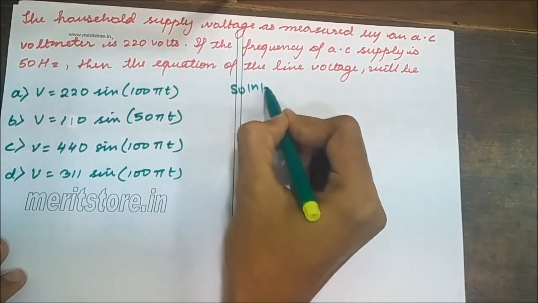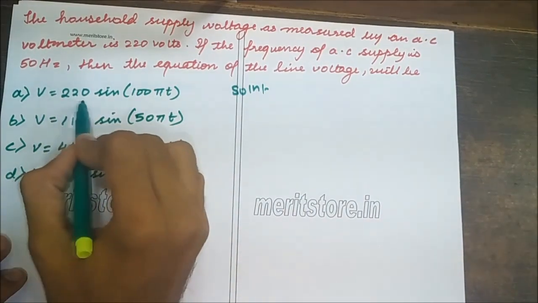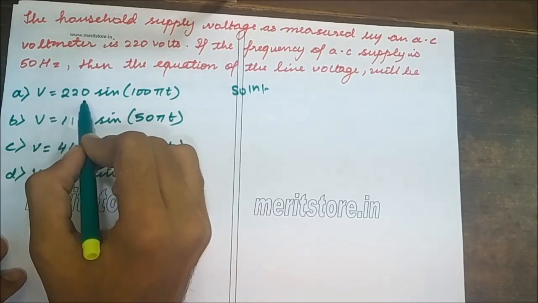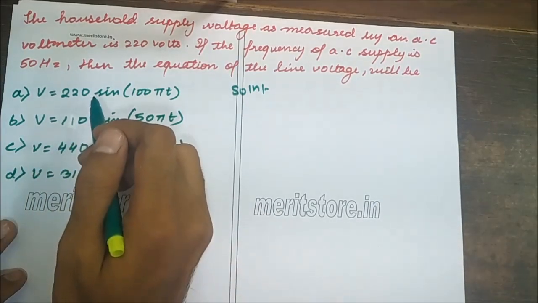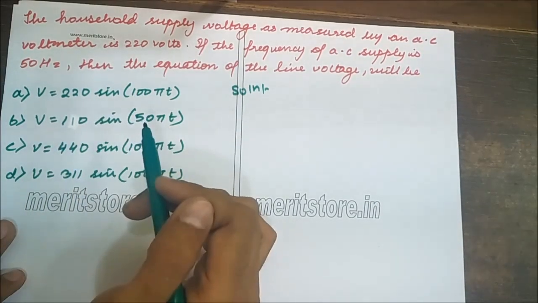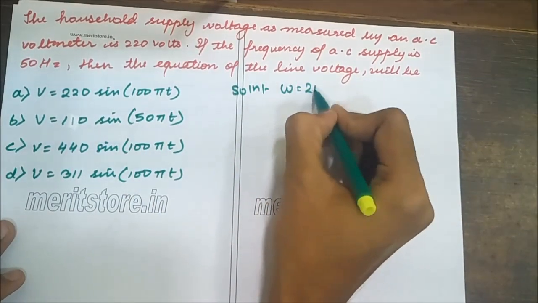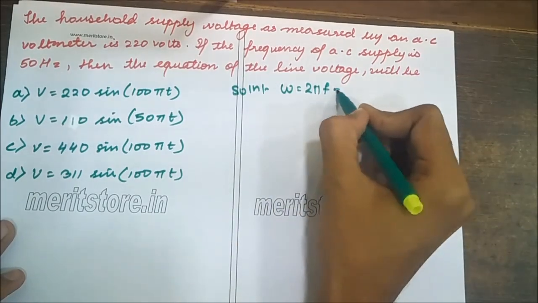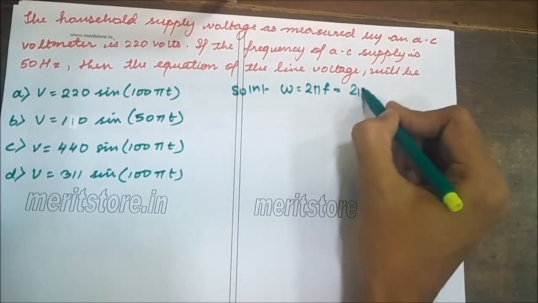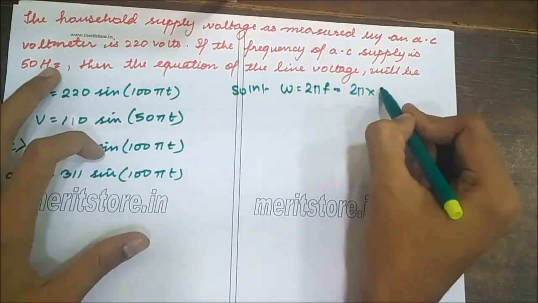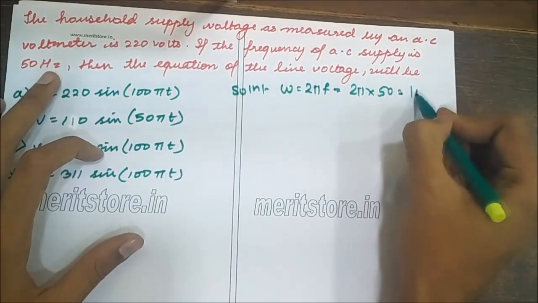For that, first we need to find V naught, and for that we need the angular frequency, that is the frequency of the AC supply. So omega is 2 pi n, where n is the frequency, 2 pi multiplied by 50 hertz, which gives you 100 pi.